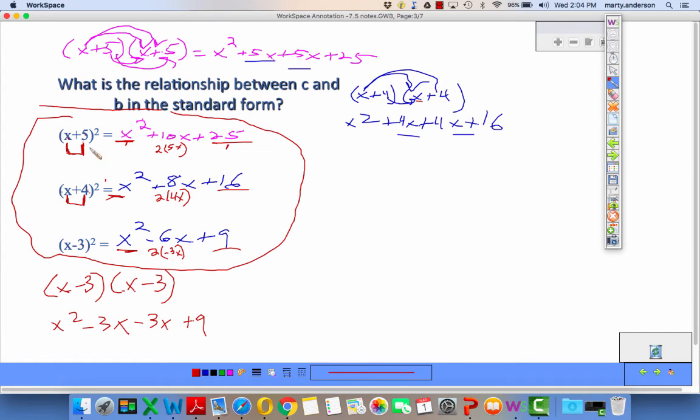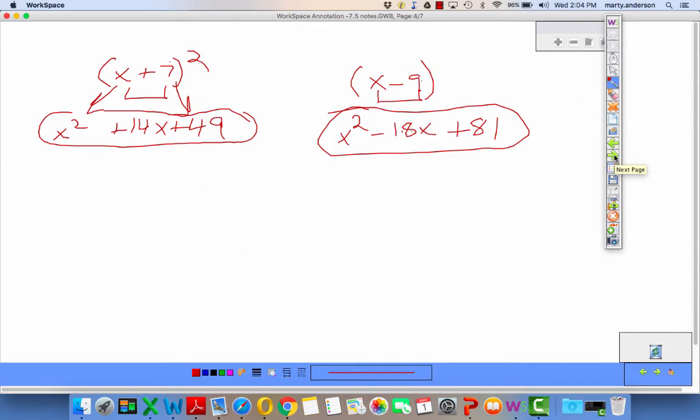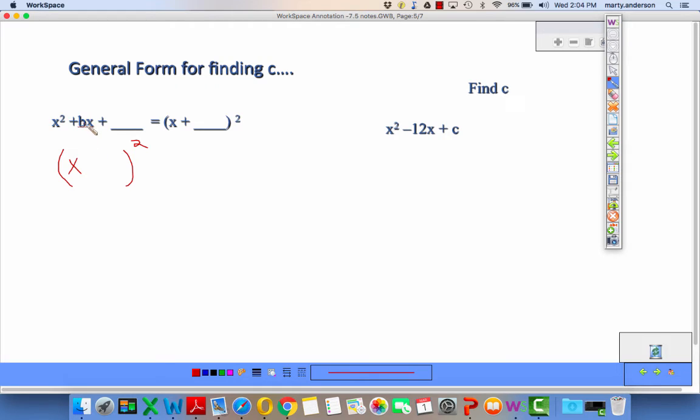I go from 10 to 5, 8 to 4, negative 6 to 3. What are we doing each time? We take it and divide it by 2. And then I take that value that was divided by 2 and I square it. I went down instead of across. Forgive me. So we're dividing by 2, and then we square it. That's what makes it a perfect square.